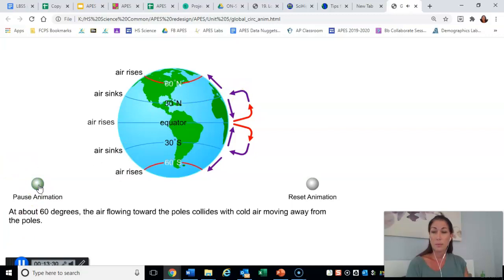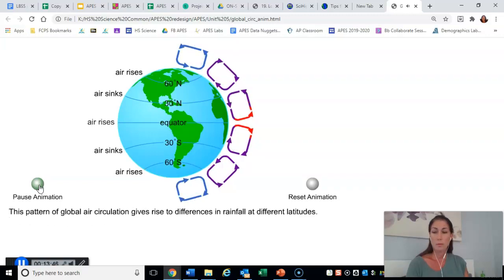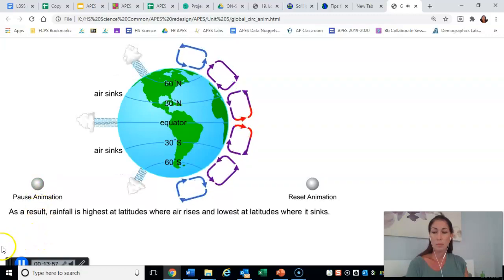At about 60 degrees, the air flowing toward the poles collides with cold air moving away from the poles. The collision of these two air currents forces air upward, where it moves toward the poles and back toward the mid-latitudes. This pattern of global air circulation gives rise to differences in rainfall at different latitudes. As air rises, it loses its capacity to hold moisture. As a result, rainfall is highest at latitudes where air rises and lowest at latitudes where it sinks.